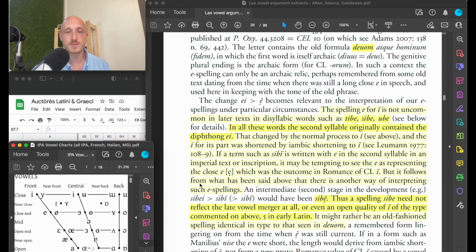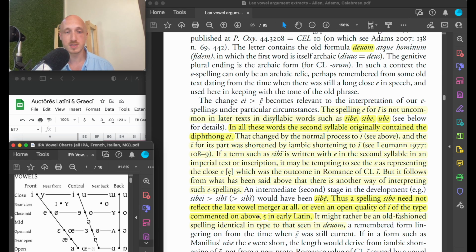But it follows from what has been said above that there is another way of interpreting the e spellings. So sibe, thus a spelling of an intermediate second stage in the development, sibe, sibi, would in fact be sibe as an intermediate.